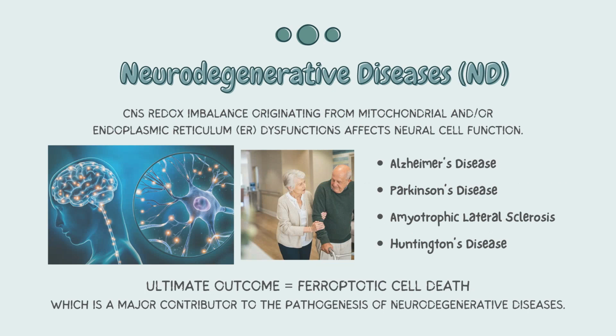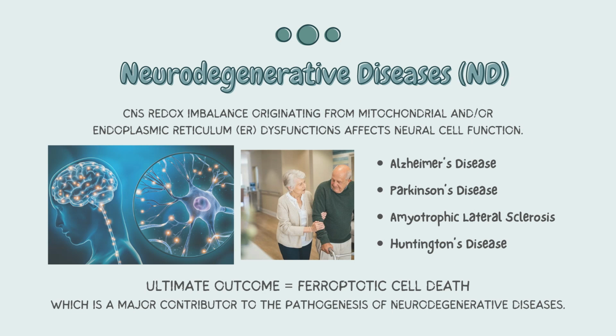Neurodegenerative diseases, or ND, such as Alzheimer's disease, Parkinson's disease, amyotrophic lateral sclerosis, and Huntington's disease, have fundamental common pathological mechanisms involving oxidative stress and neuroinflammation. In conclusion, CNS redox imbalance originating from mitochondrial and/or ER dysfunctions affects neural cell function both in terms of viability and pro-inflammatory reactivity.